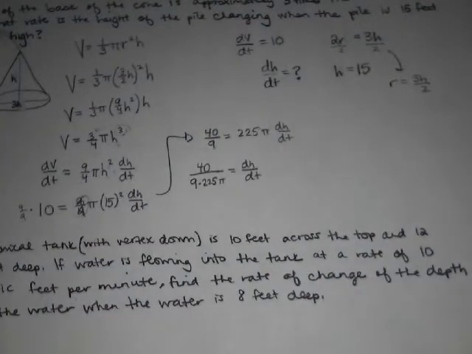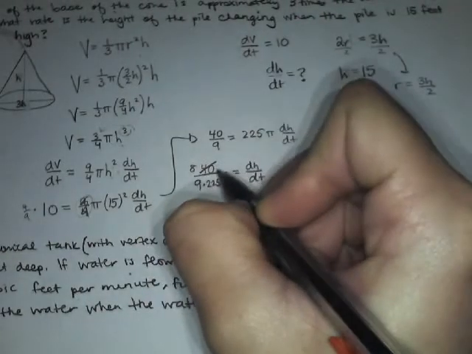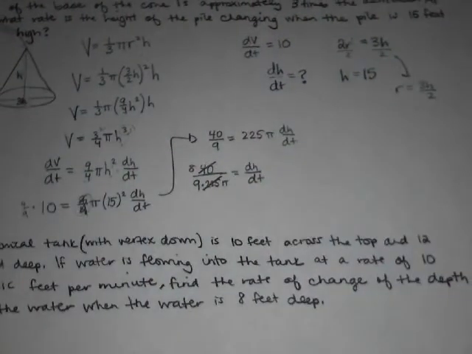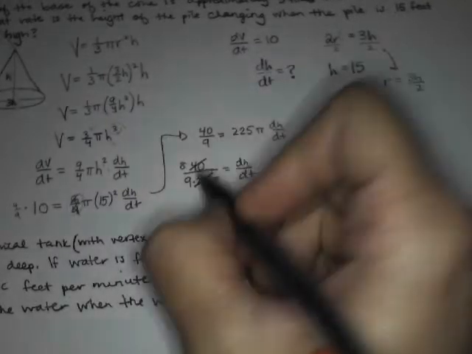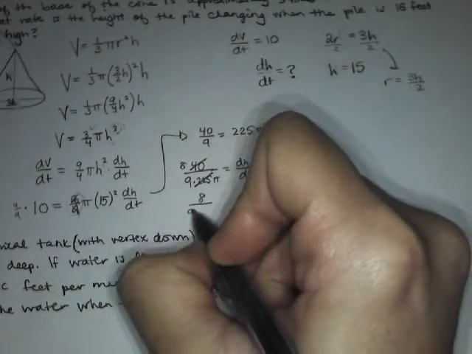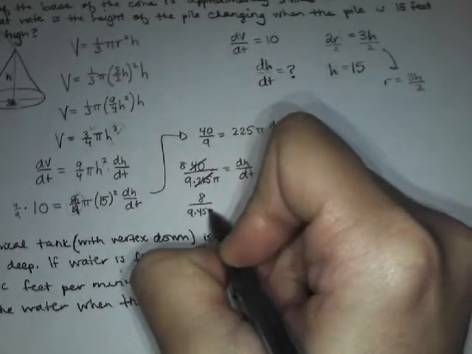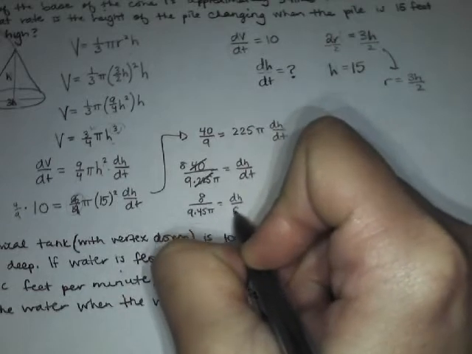And then I can reduce. The 40 and the 225 are both divisible by 5. So that would become an 8. What would that become? 225 divided by 5. What is it, 45? So 8 over 9 times 45 pi. Oh, 9 times 45?